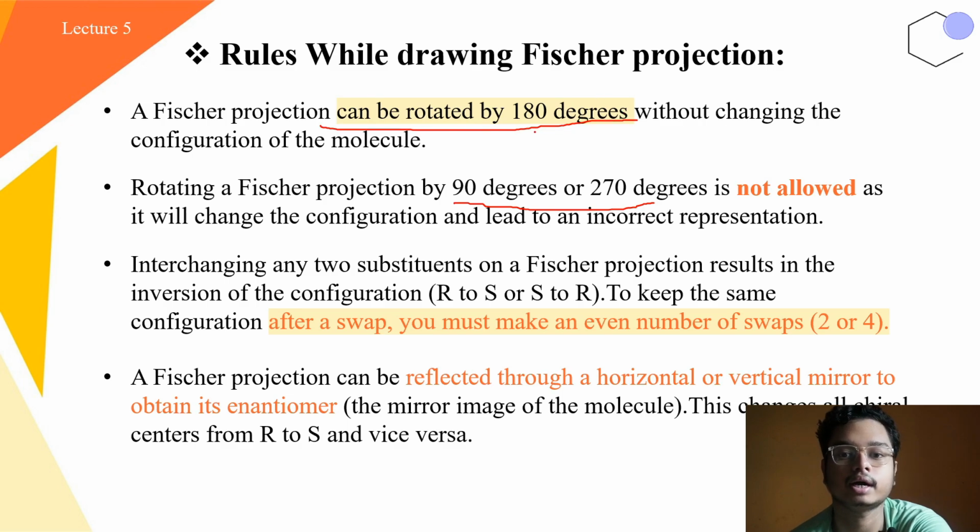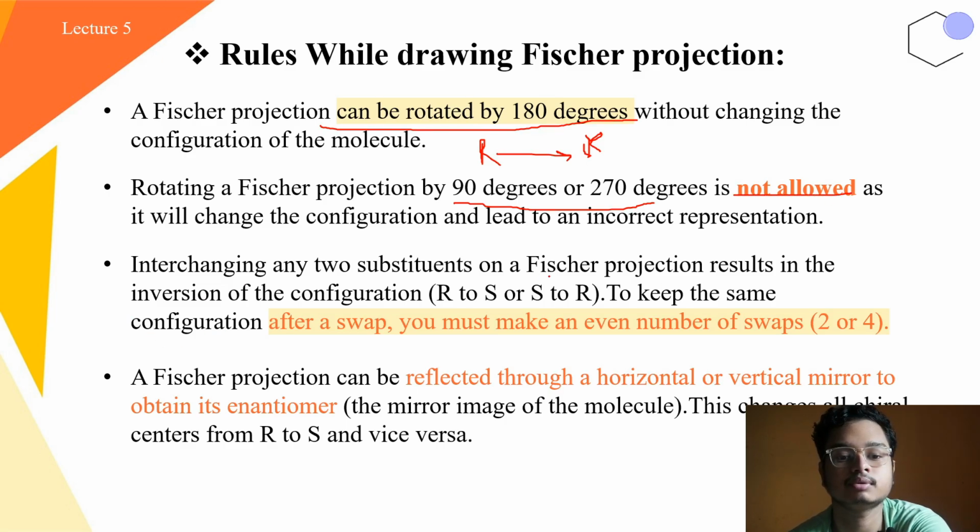If we rotate by 180 degrees and the molecule is initially R configuration, it will remain R configuration. However, 90 degree or 270 degree rotation leads from R to S configuration, meaning the absolute configuration is changed, so it is not allowed.